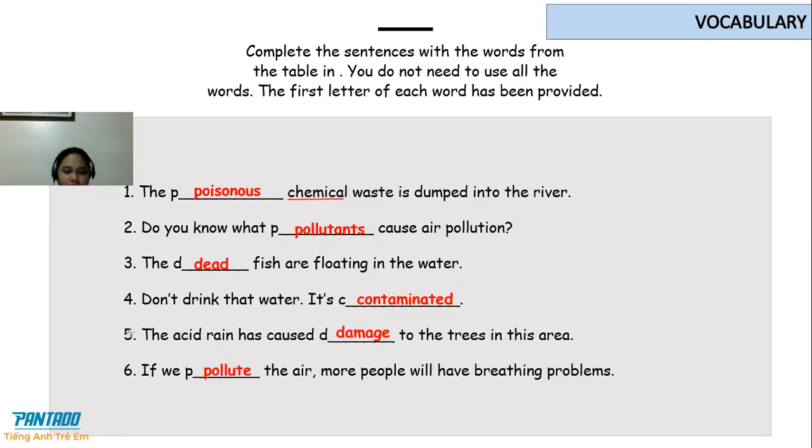Five, the acid rain has caused damage to the trees in this area. Six, if we pollute the air, more people will have breathing problems. Okay, very good. Please repeat this word.